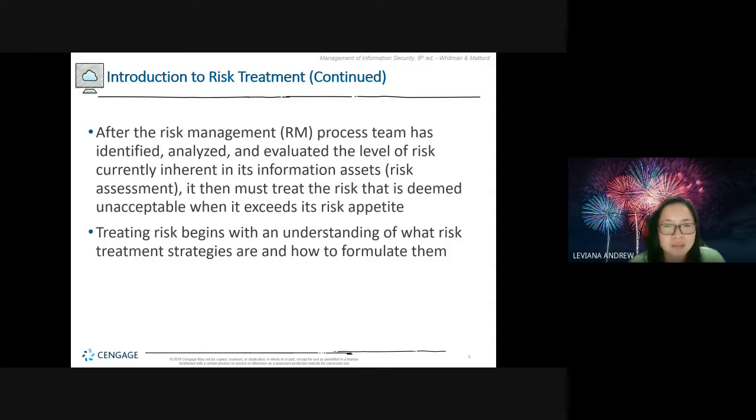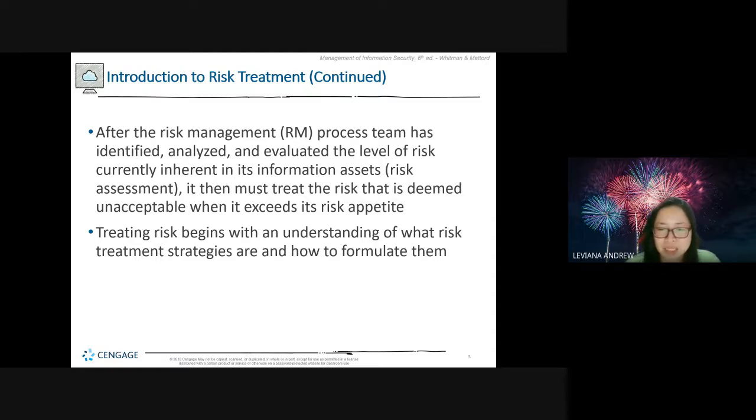After the risk management process, once the team has identified, analyzed, and evaluated the level of risk currently inherent in its information assets, then the risk must be treated. Any risk that is deemed unacceptable, when it exceeds the risk appetite.